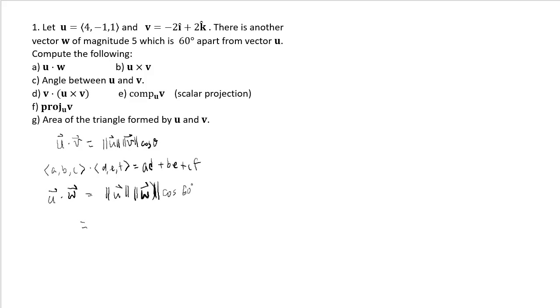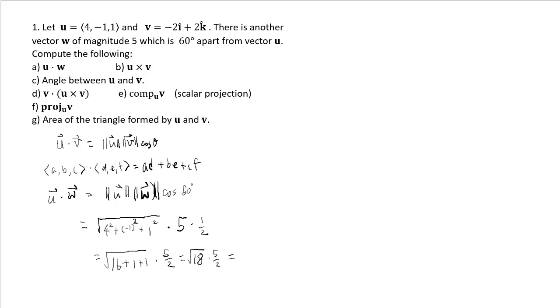Let's see, what is the norm of u? The norm of a vector is computed by taking the square root of the sum of the squares of each component. That's the square root of 16 plus 1 plus 1, times w's magnitude 5, and cosine 60 is 1/2. So it's the square root of 18 times 5 over 2.